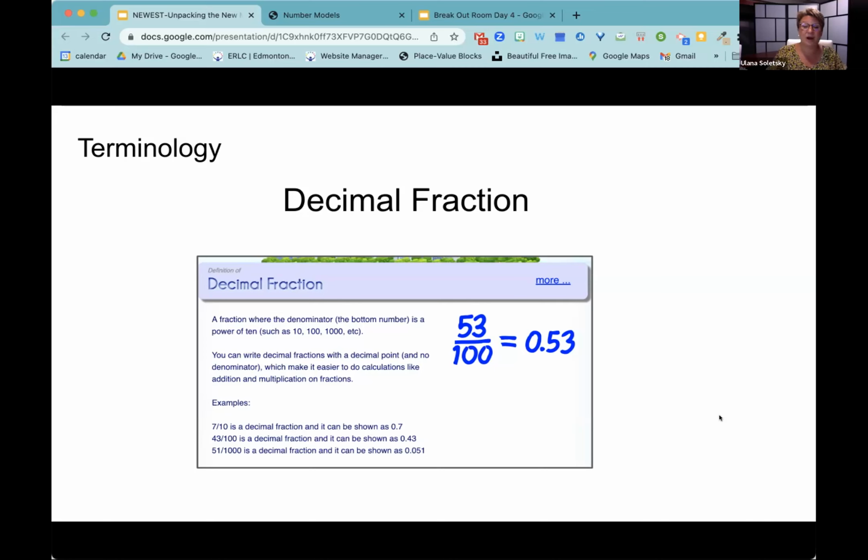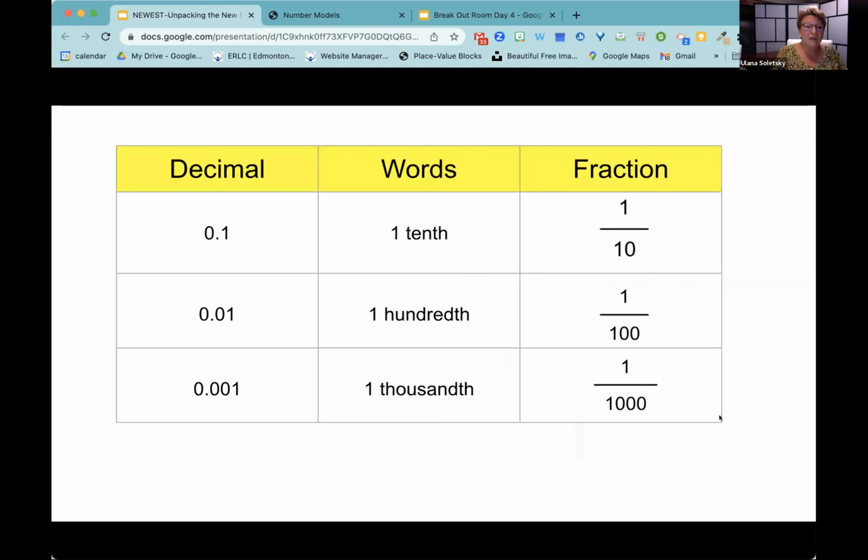I say the number properly. So when I have a decimal fraction like this, I say it 1/10. That in words, if I say it properly, we can see that it is either a decimal or a fraction. 100th, 1000th. So those are in grade 4, where we start talking about decimal fractions.